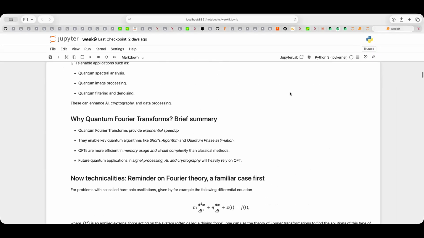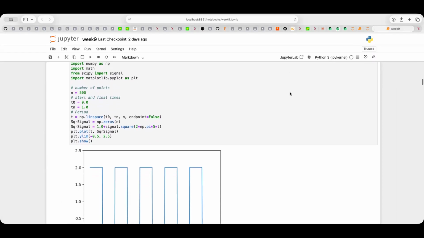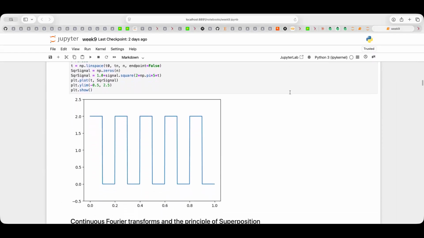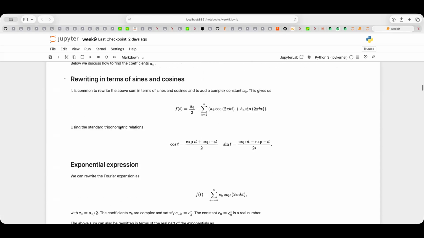One of the examples I have in the slides is a very exciting signal. This is the typical square well signal. You're going to notice something here, because the function is discontinuous, and we are trying to fit a discontinuous function with continuous functions.